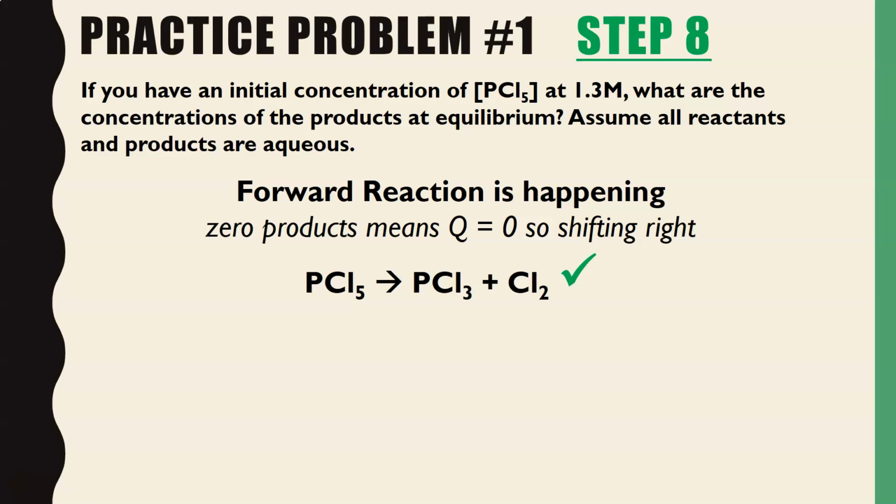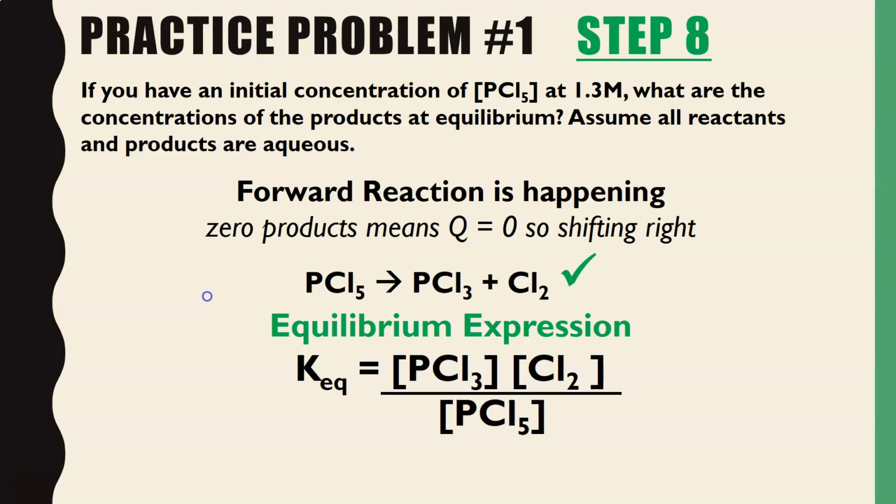I only had reactants, so I had to go forward. So that means I'm going to be writing the expression for the forward direction, which means my equilibrium expression, my law of mass action, ends up being that. Sometimes you will have a Q value that indicates you're going backwards. And if you don't bother to check, you're going to get everything wrong. So always check which direction is happening. Okay? Really, really important.